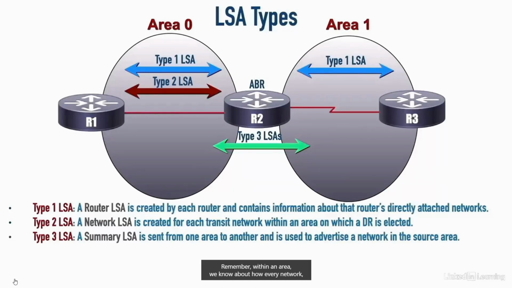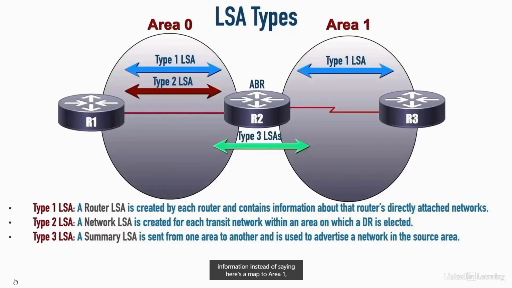Remember, within an area, we know about how every network, every router is interconnected with another. We're able to run the Dijkstra algorithm on this very detailed map with cost of all those links, but we might want to get to a network in another area. Do we need a map of that other area? No, that would kind of defeat the point of having another area to break up the link state databases. So instead, we're going to have the area border router send summarized information.